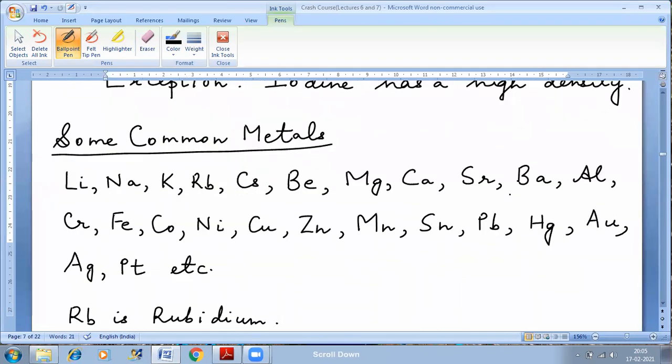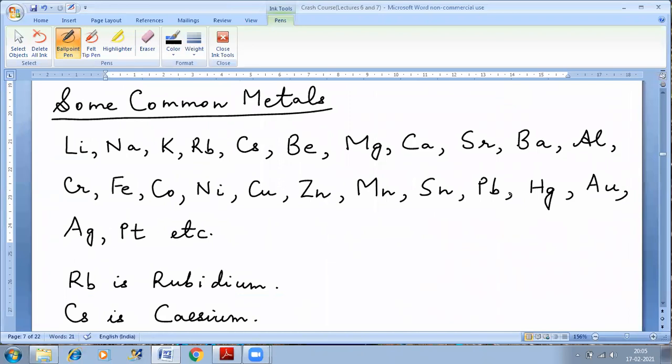Yes. Now you have to know some names of metals. So I've given these names. These are the most commonly used metals in reactions and also as examples. So you have to know these. These are the symbols. Below these symbols, I have written the actual names of the metals.